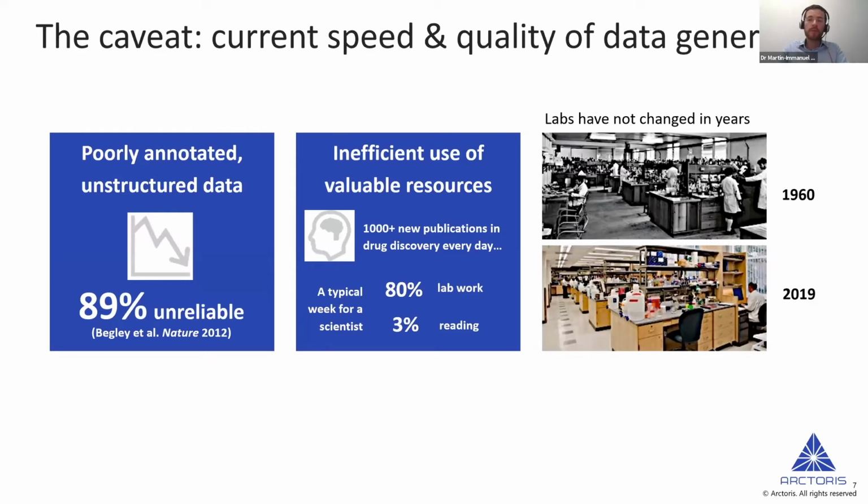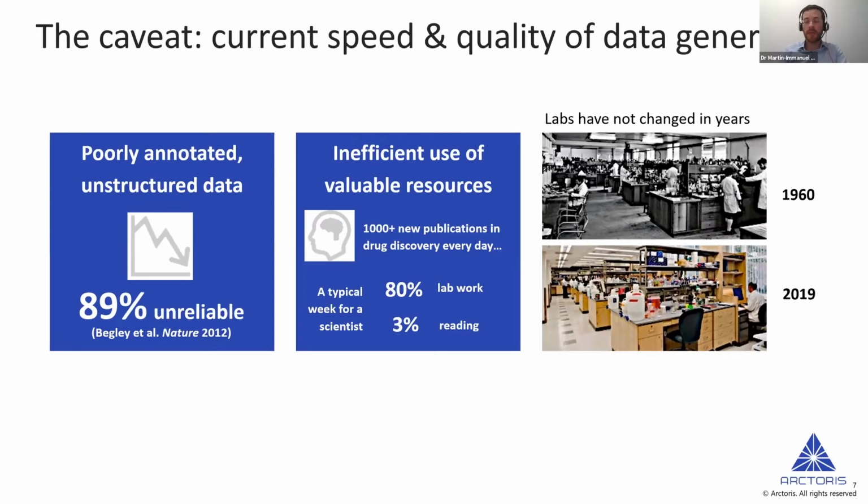And at the same time, we still conduct research in very much the same way we've been doing research for the past decades. If you look at labs today and labs 20, 30, 40 years ago, they look practically the same. Of course, now we have PCR machines and better microscopes, but the work mode itself is still the same, where researchers spend 60, 70, 80% of their time manually pipetting small amounts of liquids and spend only a fraction of the time reading, thinking, hypothesizing, and discussing results.